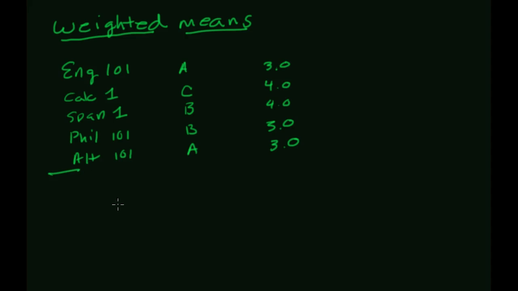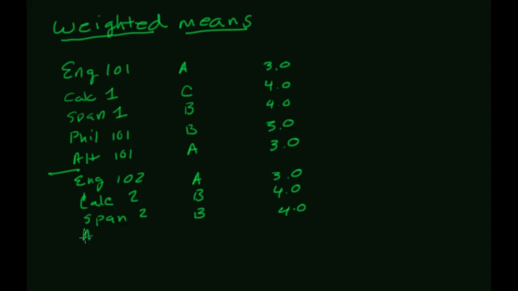And let's see, in the second semester, they went on and took English 102. So now they're taking like Brit Lit. They got an A in that course, and it's a 3-credit course. They took the second semester of Calculus and got a B this time around for a 4-credit course. They took Spanish 2, and they got a B again for a 4-credit course.